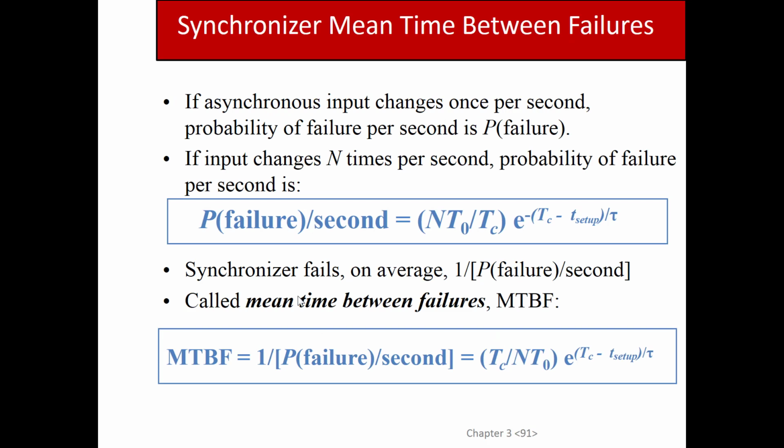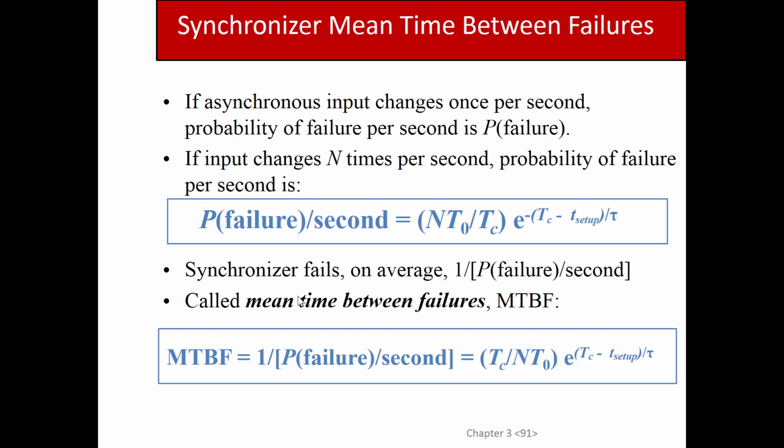So there's this other term n, which is the number of times we expect the input to change per second, the frequency of the input signal. And we have Tc, our clock period, and t setup, which comes from our spec sheet for our flip-flops. We can then calculate the failures per second, and if you take the inverse of that, you get the mean time between failures, right?